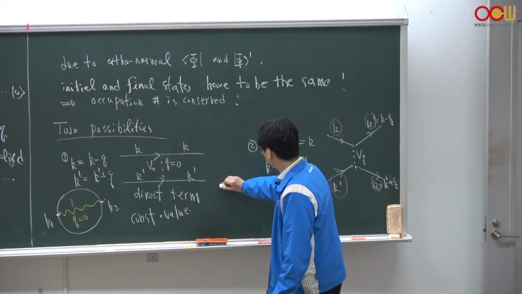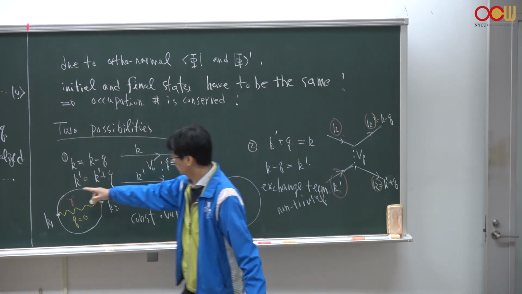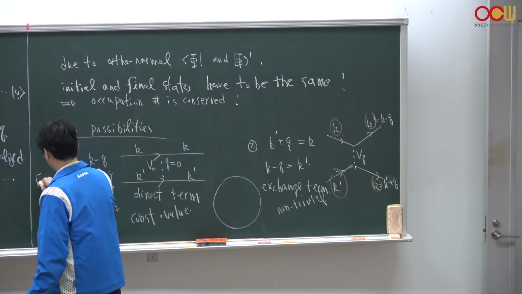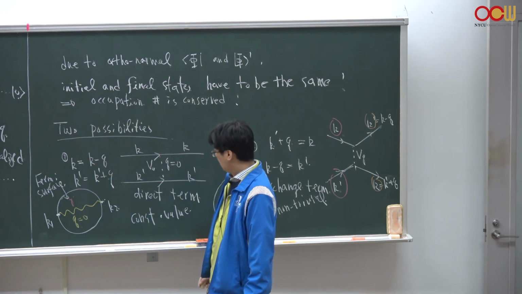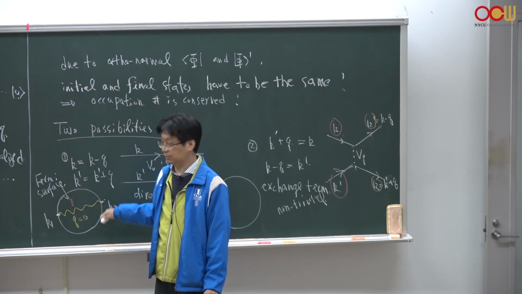For the exchange term, you get a different situation. This circle represents the Fermi sphere, the Fermi surface. So the active electrons are surrounding the Fermi surface, as we mentioned.